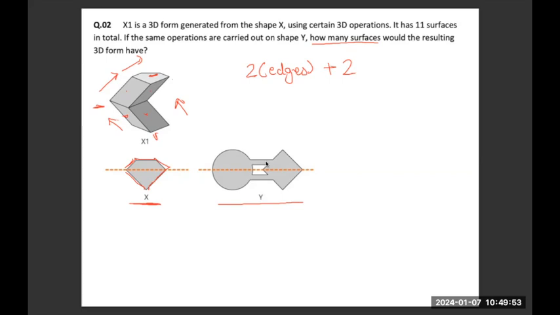Hence, in this case, the total number of surfaces, let's count it. Y has how many edges? So 1, 2, 3, 4, 5, 6, 7. Outer surface, 7 outer surfaces plus inner surfaces 1, 2, 3, 4, and 5. 12.